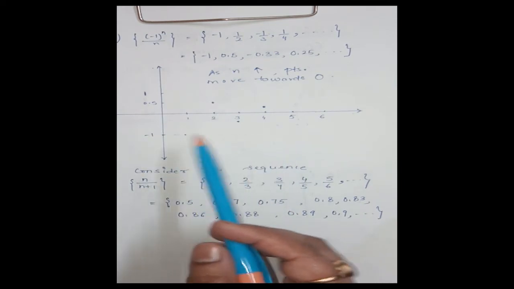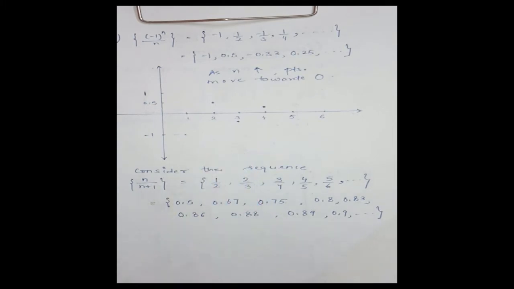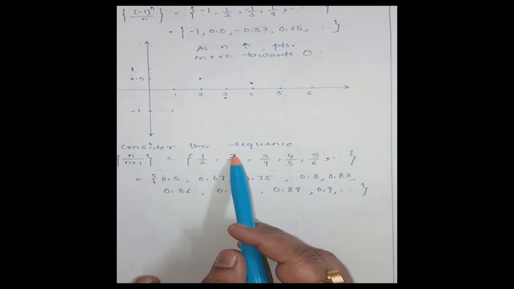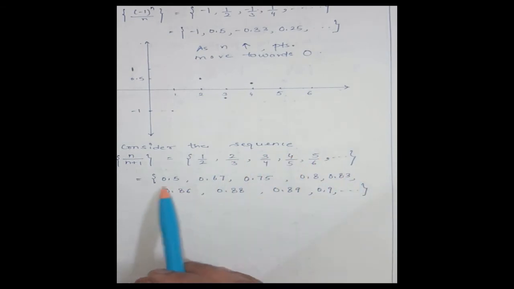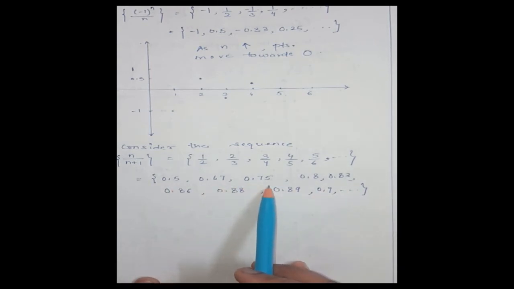Now we are going to discuss these types of sequences. Clear? Again, we consider the sequence n by n plus 1. The terms are 1 by 2, 2 by 3, 3 by 4, 4 by 5, 5 by 6, that is 0.5, 0.67, 0.75.